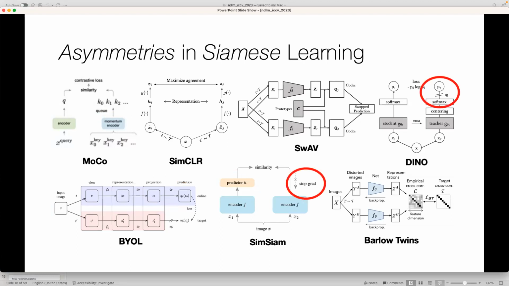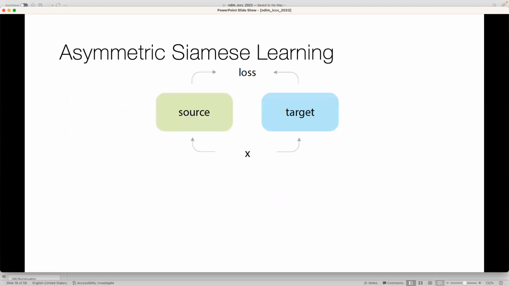And for SimSiam and DINO, some kind of stop gradient is applied on one side, but not on the other side. So this motivates us to think about how important the role of asymmetry is in Siamese learning.